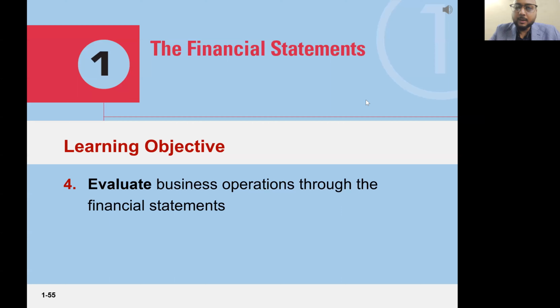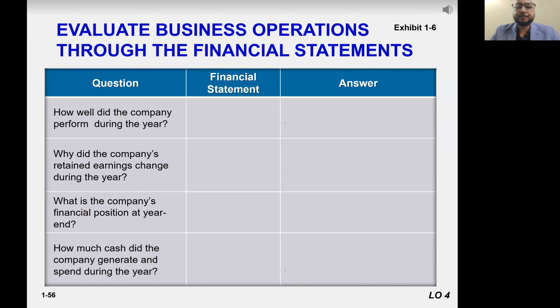Okay, so our today's learning objective is number one, that we will be continuing our chapter 1. Let's talk about evaluating business operations through financial statements. The question of evaluating business operations is going to be answered by 4 questions.